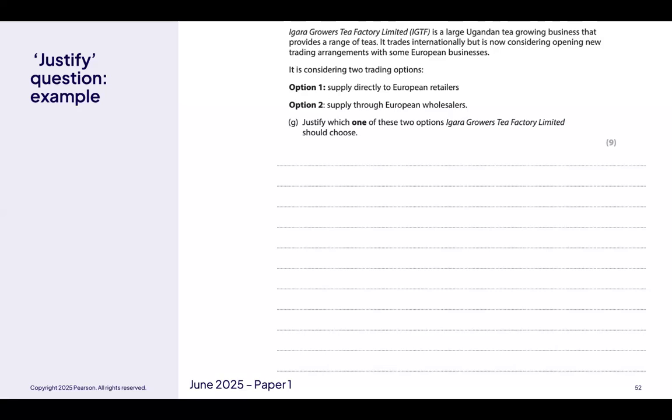Here are the 2 options. Option 1, supply directly to European retailers, or option 2, supply through European wholesalers. And the question: justify which one of these 2 options Igara Growers Tea Factory Limited should choose. Same structure every time, 9 marks.